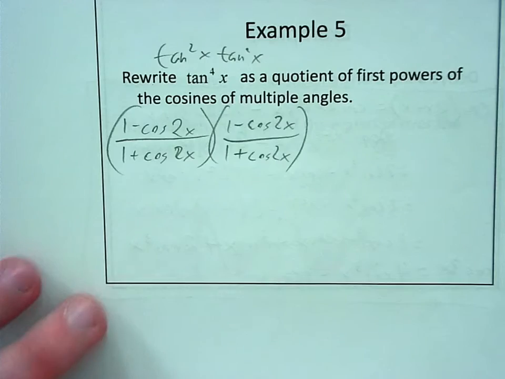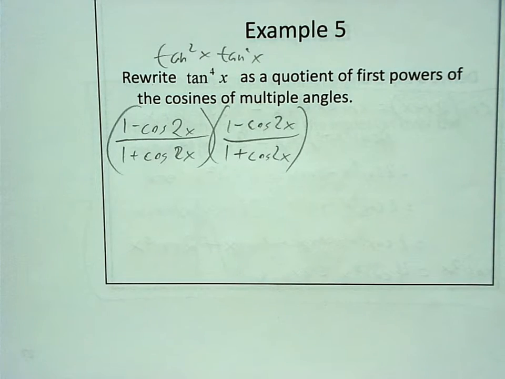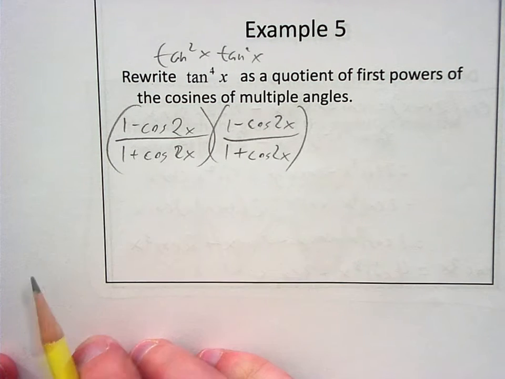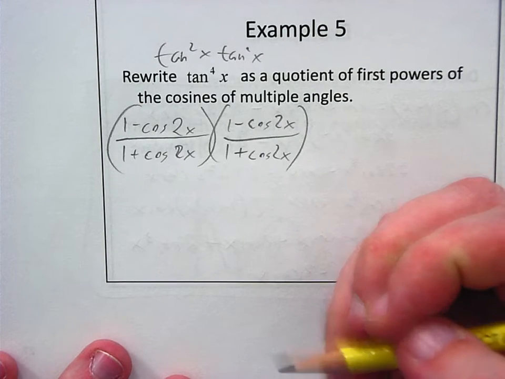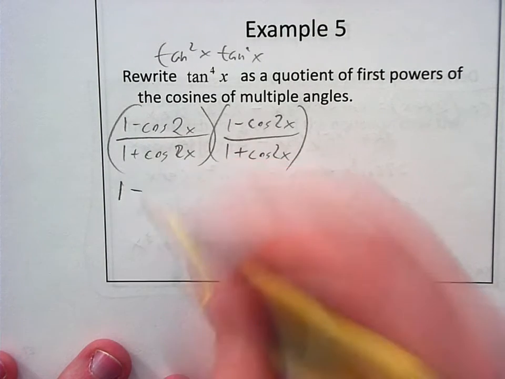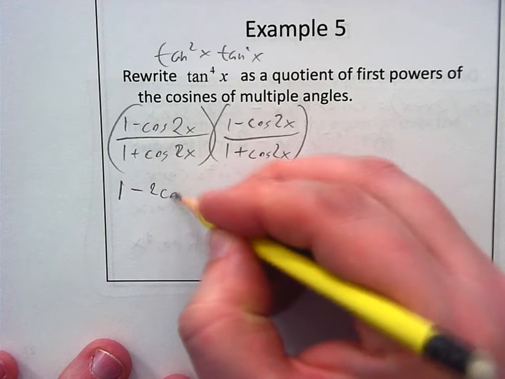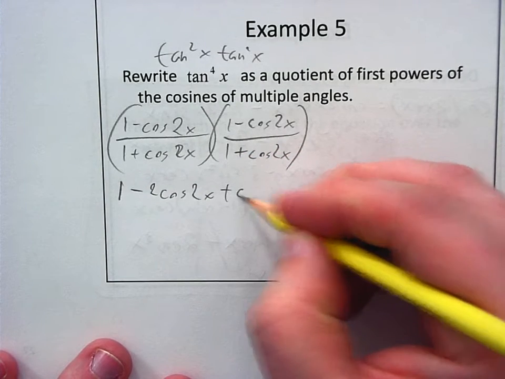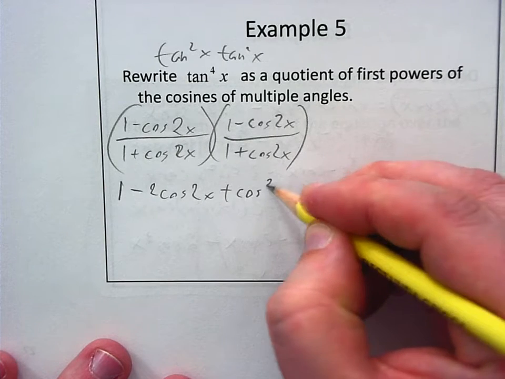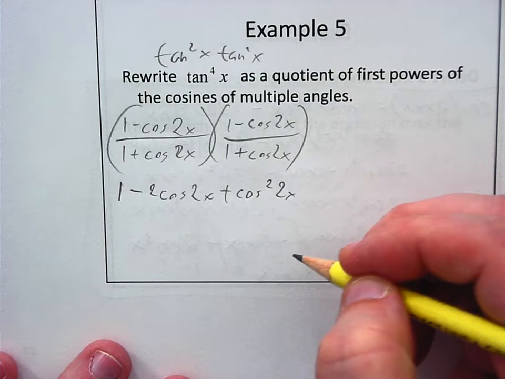Some of these can end up taking a decent amount of time. When I multiply these together, what am I going to get on the top? 1 minus cosine 2x, and then cosine squared 2x.